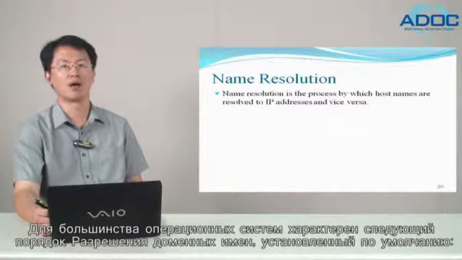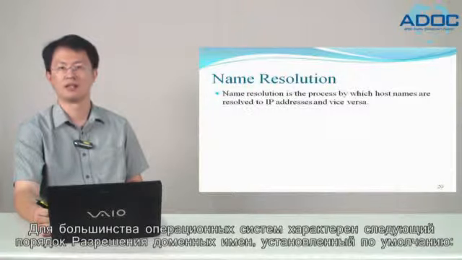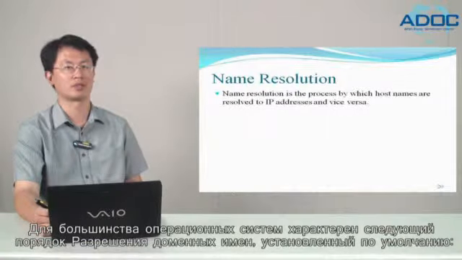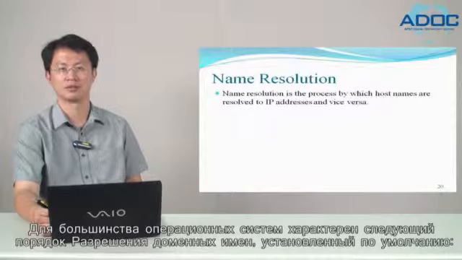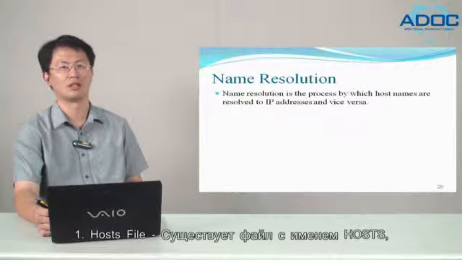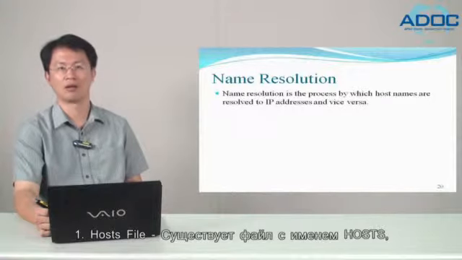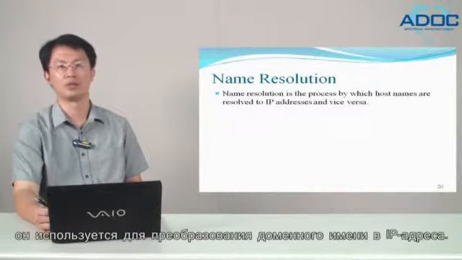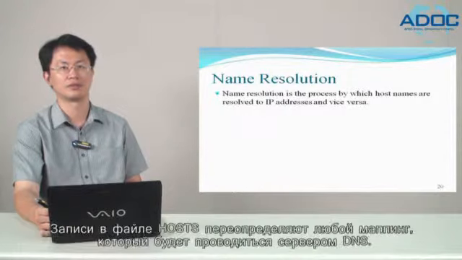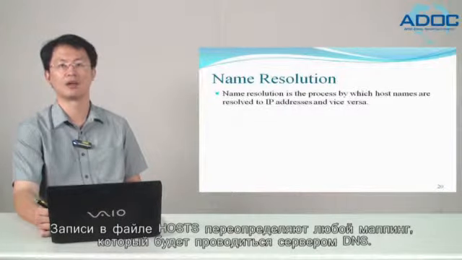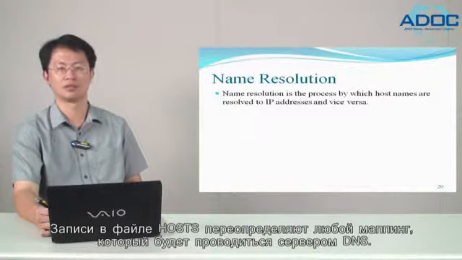For almost all operating systems, the default order for domain name resolution is as follows. First, the host file. There is a file called a host file that you can use to convert domain names to IP addresses. Entries in the host file override any mappings that would be resolved via a DNS server.